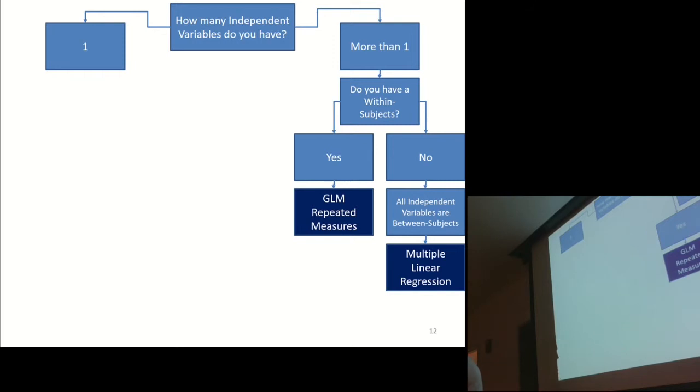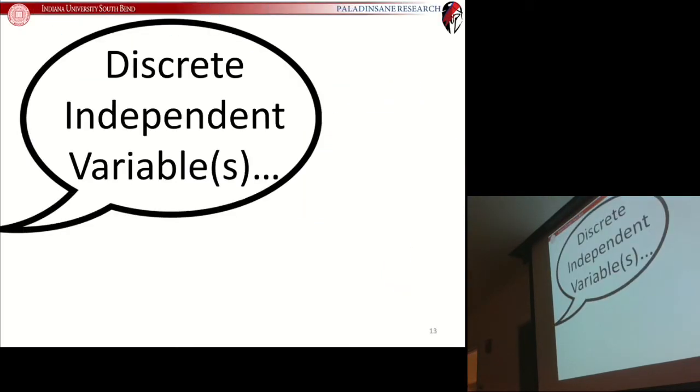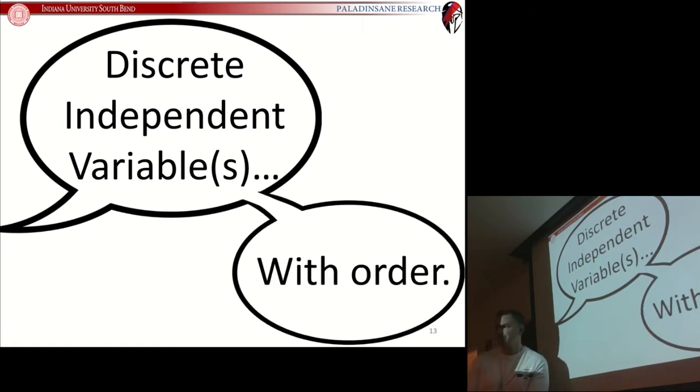All right. And then finally, we have discrete independent variables with order. These are the discrete independent variables where you can actually apply an order to them. So years in college is one of those, where you're either a first year, second year, third year, fourth year, but that definitely has an order.